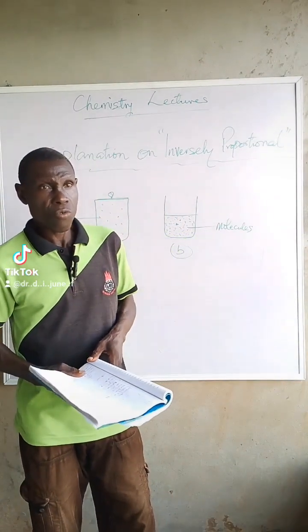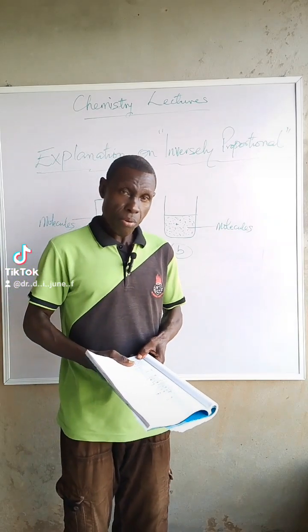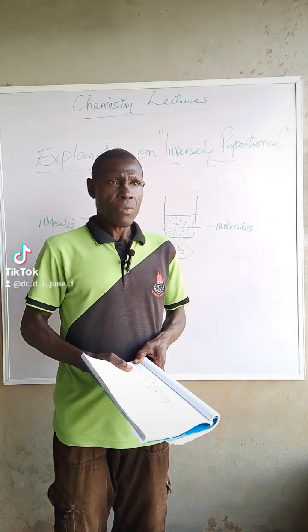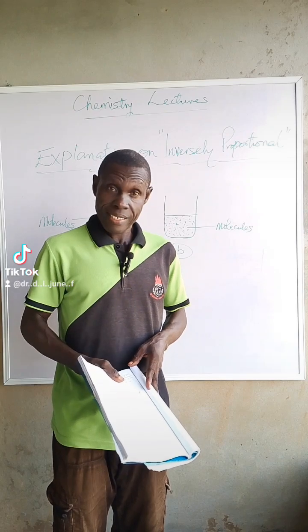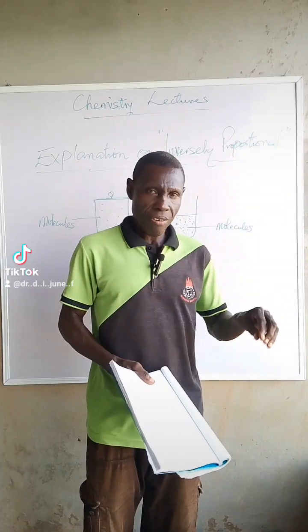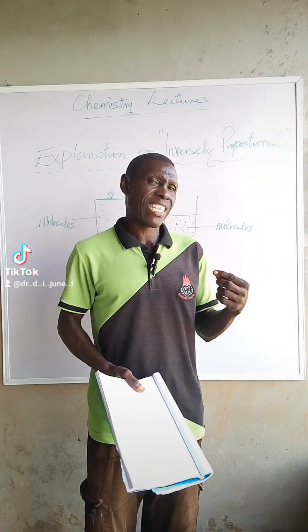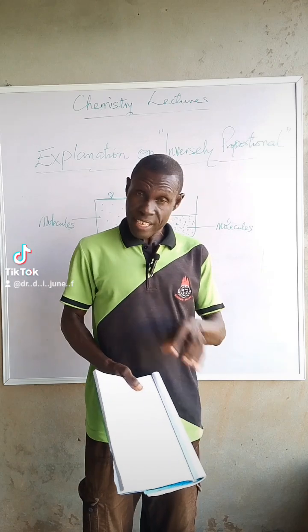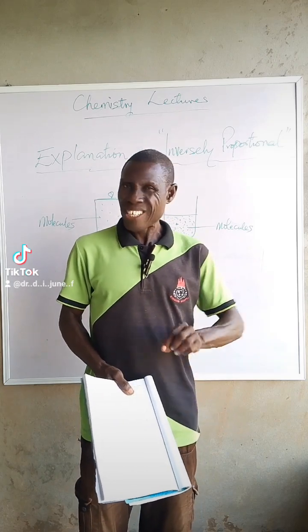My last lecture was on Boyle's law. And we said Boyle's law states that the volume of a given mass of gas is inversely proportional to its pressure at constant temperature.